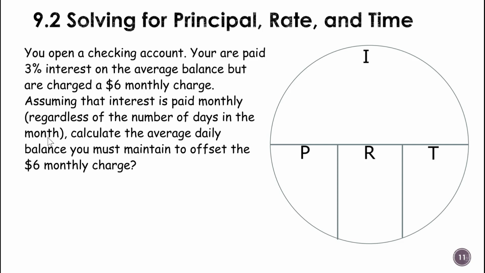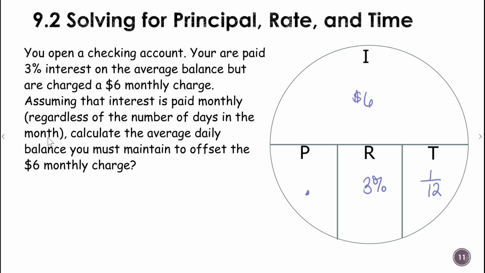Basically, we want to see if we can earn $6 in interest, because our monthly fee is $6. We get paid 3% interest on the account, and that's monthly, so 1 out of 12. How much money do we have to have in the bank to earn $6 in 1 month?